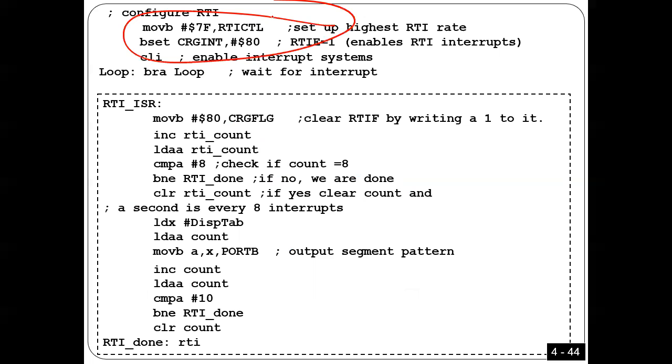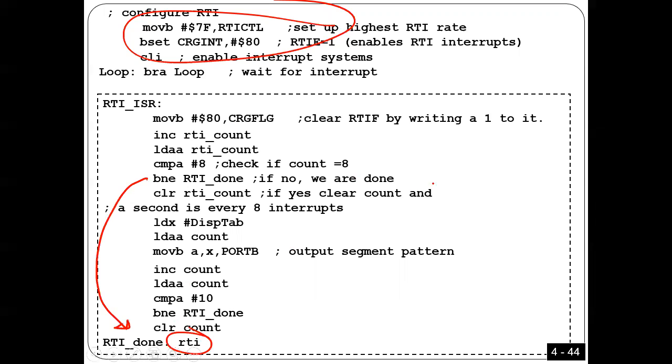Also initialization, nothing is new. This one you have to clear the flag bit, nothing is new as well. Here I have to increment the RTI counter. If it is not equal to 8, I'm gonna come to here so that I'm gonna leave.